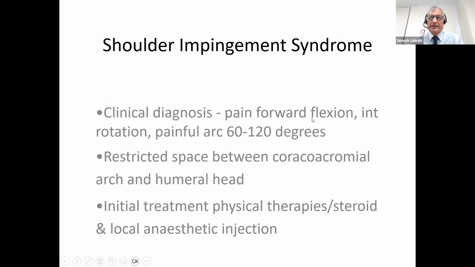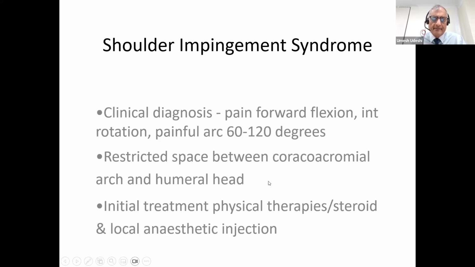So first thing to say, you don't need imaging to make the diagnosis of shoulder impingement. This really is a clinical diagnosis, and you only should need imaging when there's any difficulty, when they don't respond to initial treatment, or you're suspecting a tear, and particularly if you think it might be a significant tear. So obviously you make your clinical diagnosis.